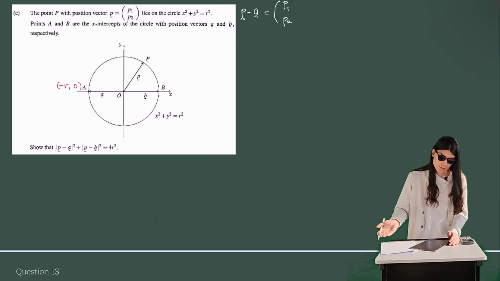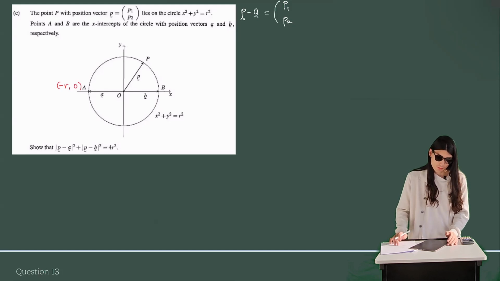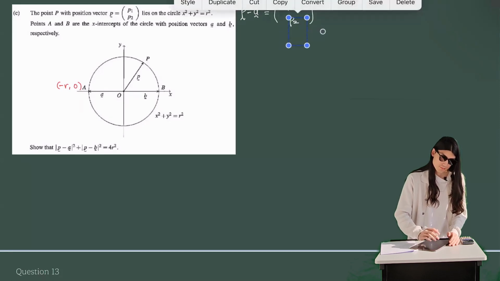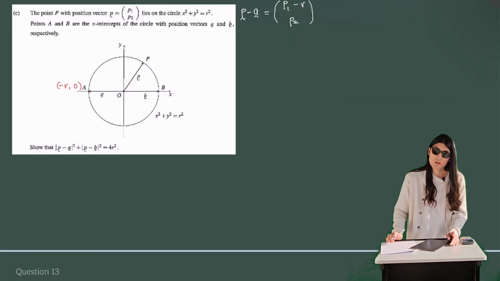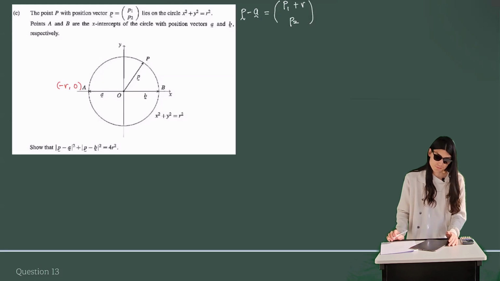you can describe the coordinate of that point A as negative r, comma 0, can't you? Which means vector A, which is the position vector of point A, is also negative r, 0. So in fact, if you do the vector p minus a, this should be a plus, shouldn't it?